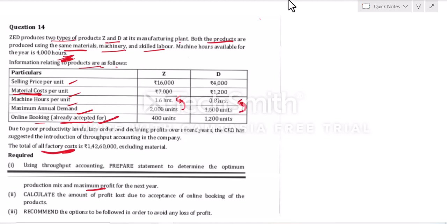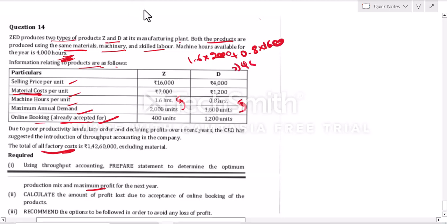Calculate that one. 1.6 into 2000 plus 0.8 into 1600. 4480. But how much is the actual hours available? 4000. So a 480 shortage is there. So this is the bottleneck resource.